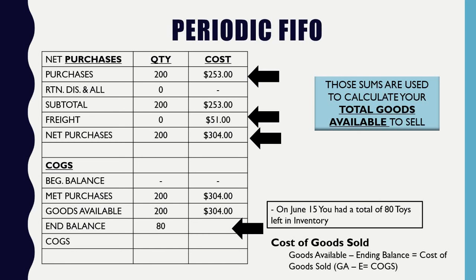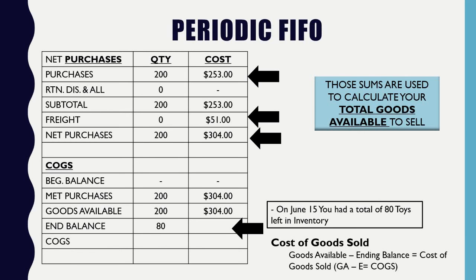Okay, so here we recognize that when we calculate our actual purchases, we purchase a total of 200 items, which cost us $253, which is exactly what we calculated in the previous table, right?